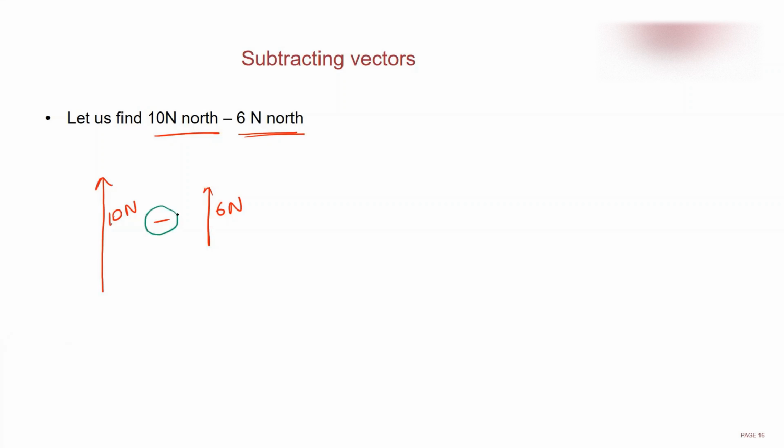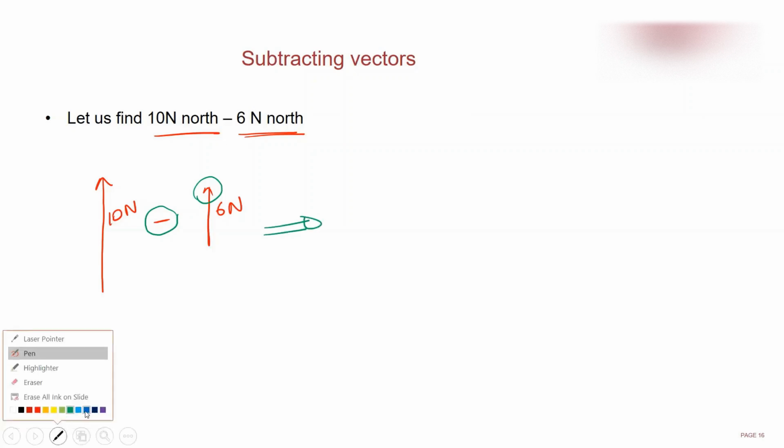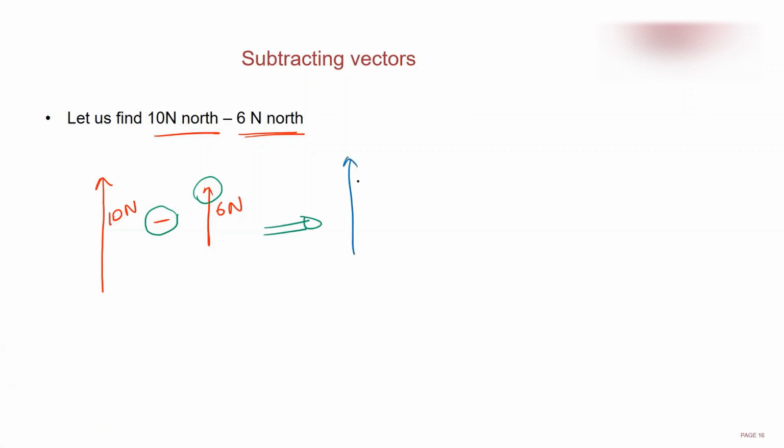When we are changing this to a plus, we need to change the vector proceeding with this minus to the opposite direction. So I don't change my 10, which is a positive vector, but I make this minus a plus, and when I'm doing that, I change this to the opposite direction.